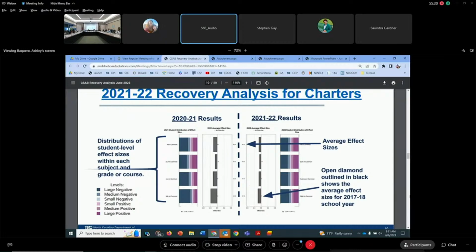If you wanted to break it down a little bit, we'll do that in some of the following slides. You can see that recovery in math is greater than recovery in ELA, again at this overall broad level, with recovery in science falling right in between. A little bit larger in magnitude than ELA, but not quite as large as math.